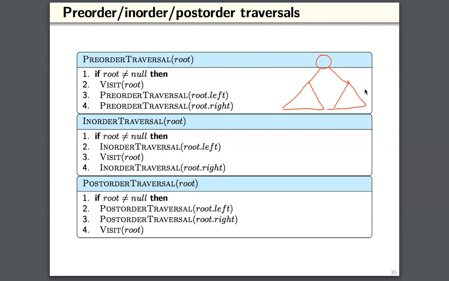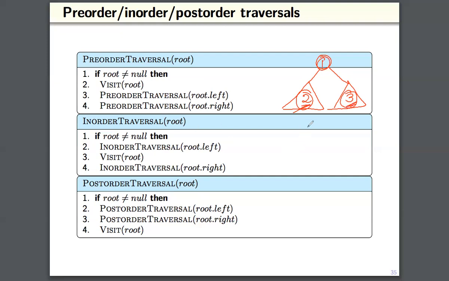If root is not equal to null, you first visit the root, then you visit the left subtree recursively, then you visit the right subtree recursively. That's your pre-order traversal. How do you visit the left subtree? Recursively apply this procedure.